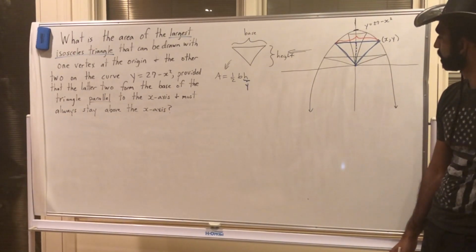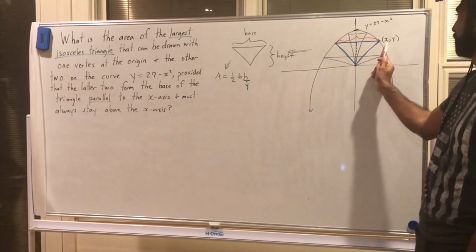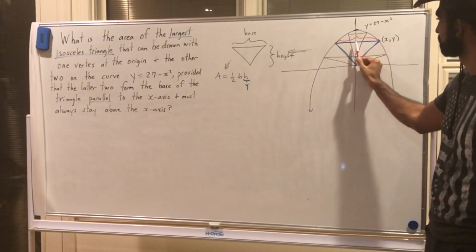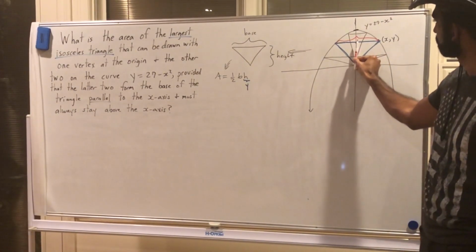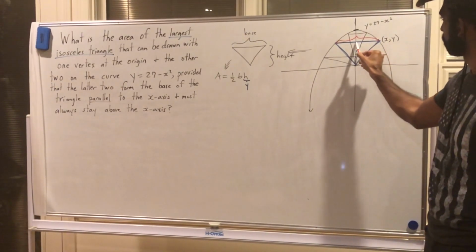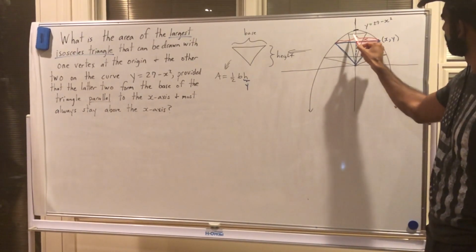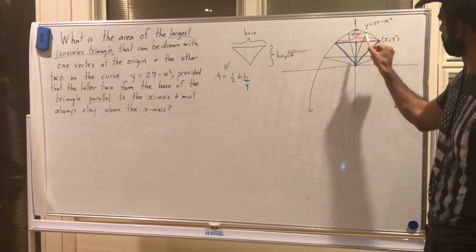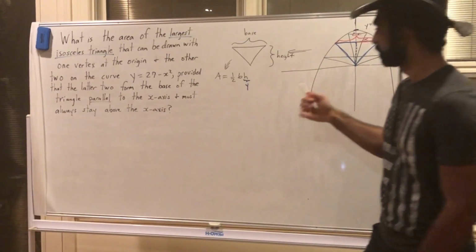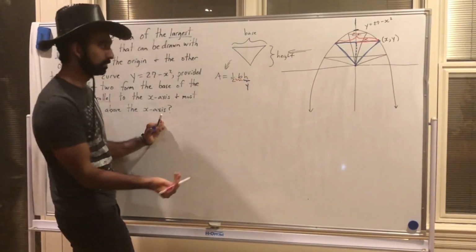It goes from x to negative x, so it would have a length of 2x. The way a positive x coordinate is defined is the distance from the y-axis to that point. So if from here to here has a length of x, then this whole thing has to be a length of 2x. Again, we want positive values because we want positive area.